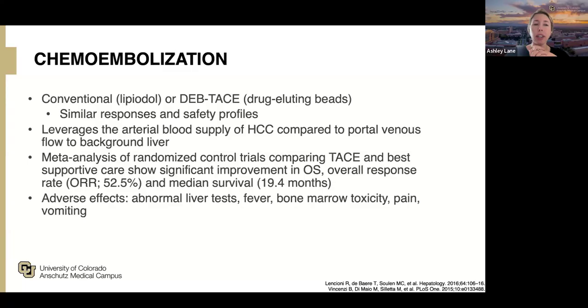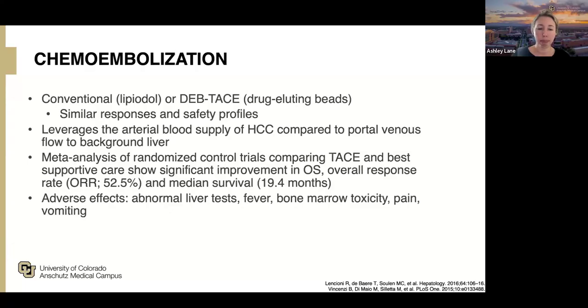So really, like I said, chemoembolization leverages the arterial blood supply of liver cancer. So HCC derives the majority of its blood supply from arteries compared to portal venous flow to the liver. So the majority of blood flow actually to the background liver is from the portal vein.